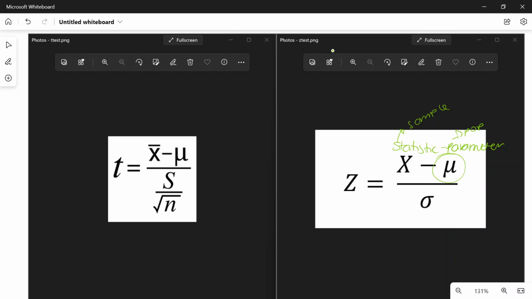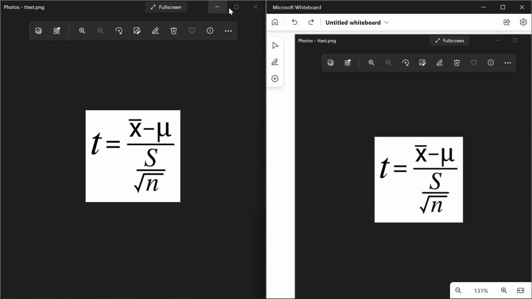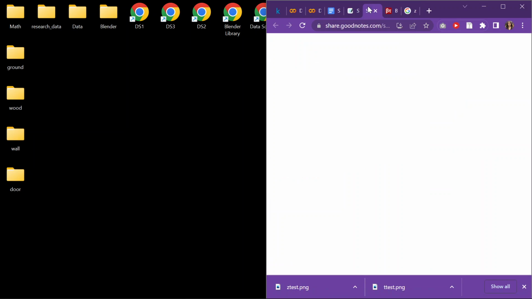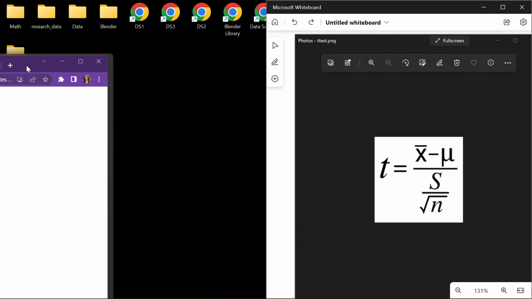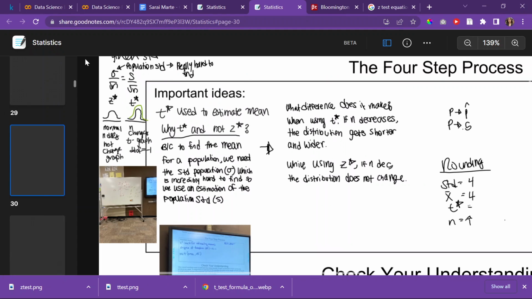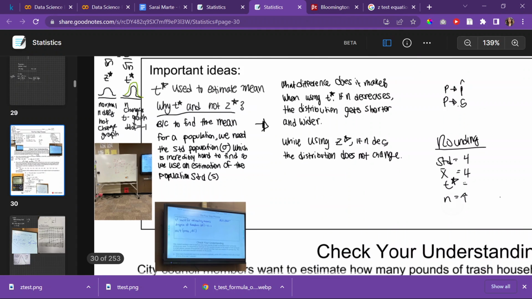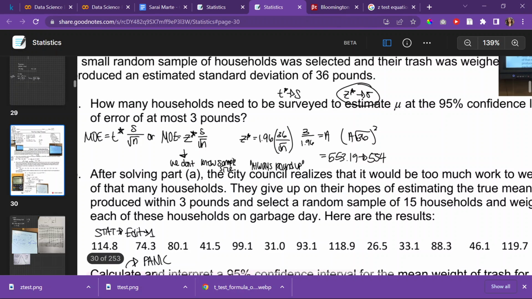The population mean, hold on. We need the population standard deviation, which is incredibly hard to find. Z star, the margin of error, T star, S, Z star, sigma.